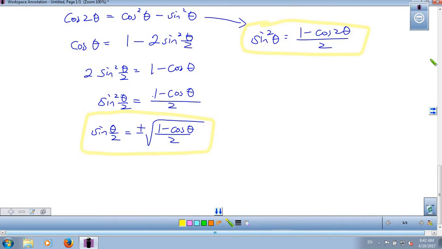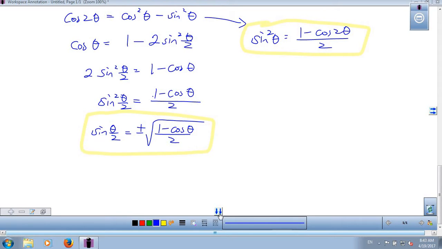Another name for this is the power reducing formula, because if you have sine squared theta, instead of using another square term to express it, you can use 1 minus cosine 2 theta, divided by 2. So you can reduce the power. However, you do have to use the double angle of it.